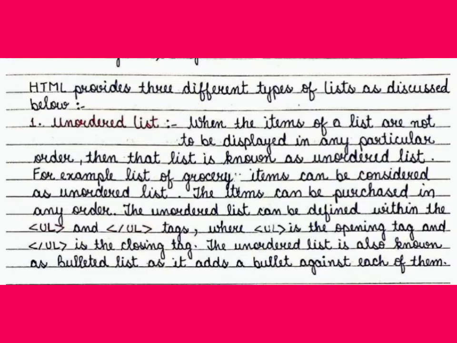The unordered list can be defined within the opening UL tag and closing UL tag, where UL is the opening tag and /UL is the closing tag. The unordered list is also known as bulleted list, as it adds a bullet against each item.